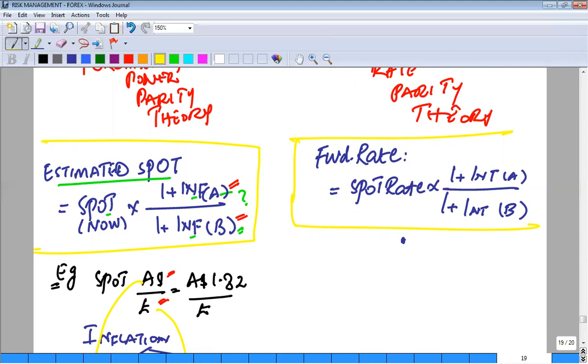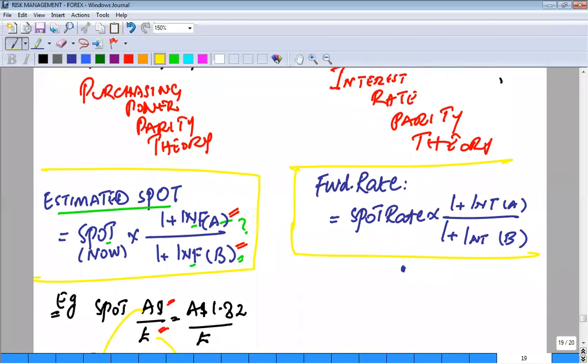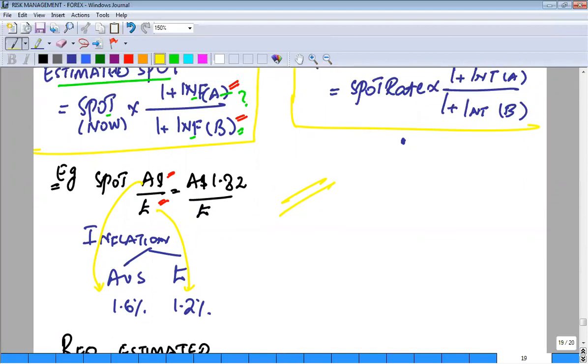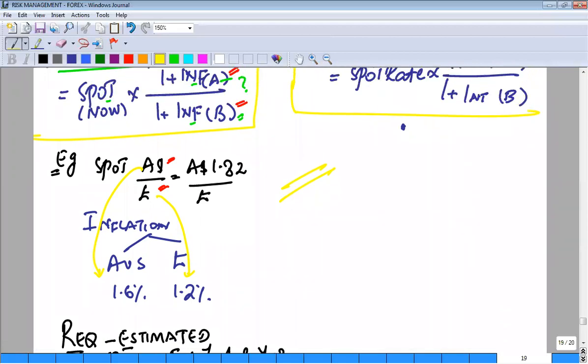If we need to identify the foreign exchange rates on a short-term basis, the preferable one will be the interest rate parity theory. Same as this example, in fact, replace the inflation with interest.